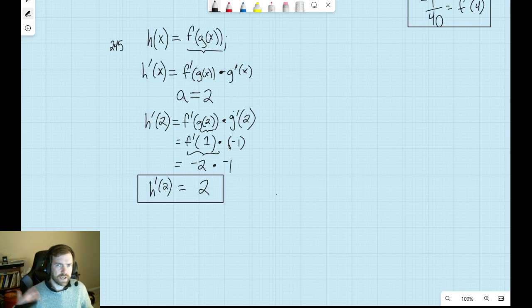So if it was like g prime of f of 2, then what would happen is you've got f of 2 on the inside, which gets you 4, and then g prime of 4 is undefined. And so it would stop you right there and say, well, I can't do that. Now, most likely, the ones that are in the book here, you're not going to run into that, but it's always a possibility to keep open, just in case.